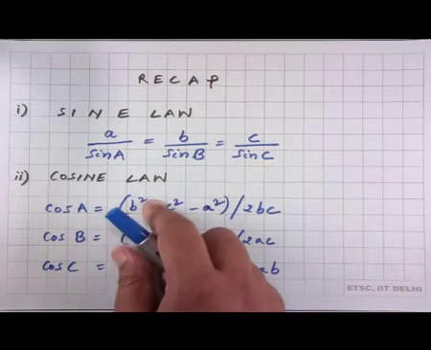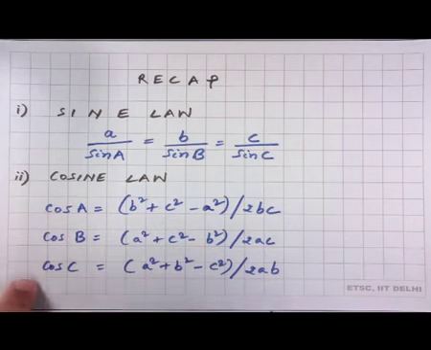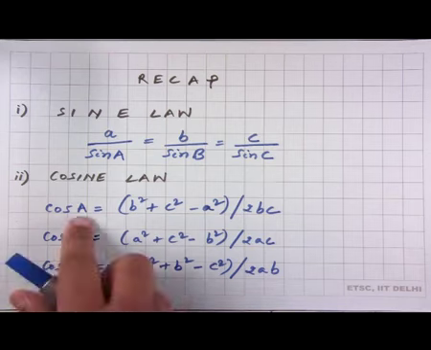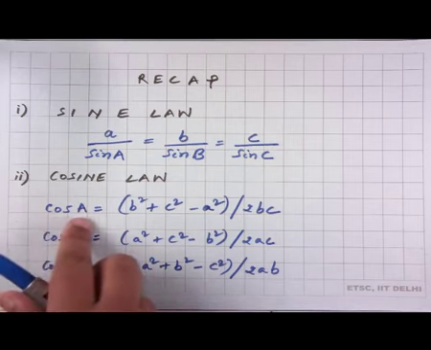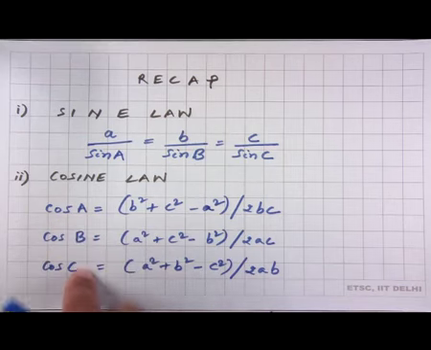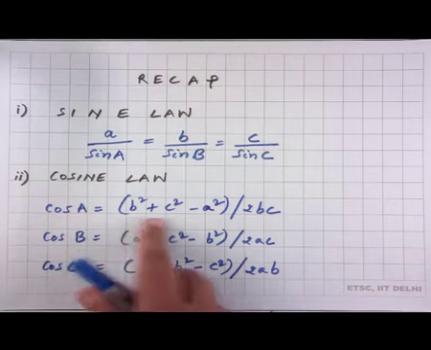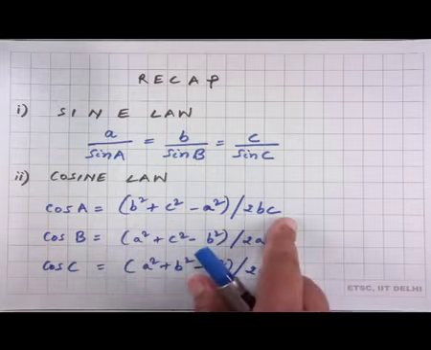The cosine law, which is stated here and which we also derived in yesterday's class, gives us the relation between the cosine of angles of the triangle and the length of the sides of the triangle.